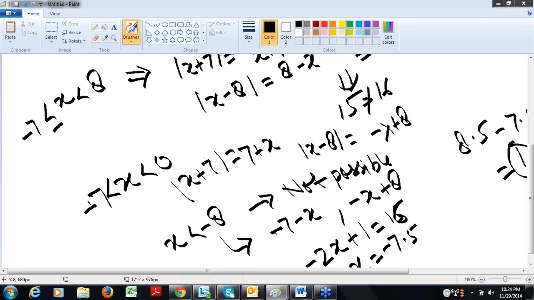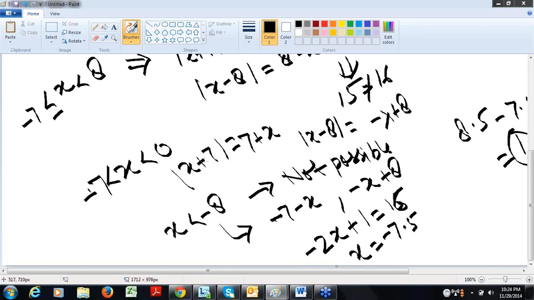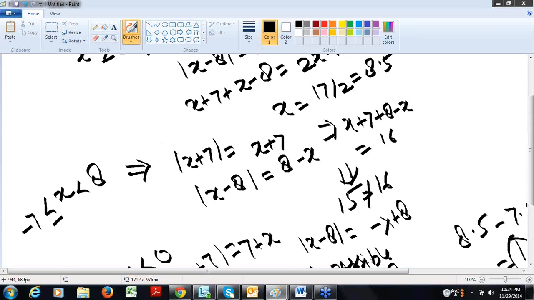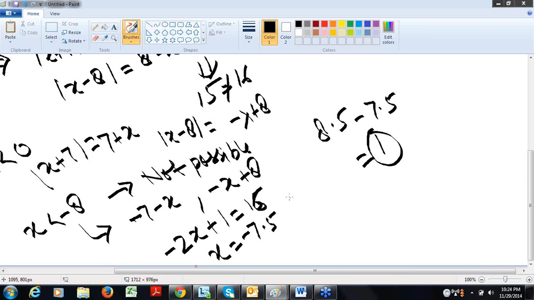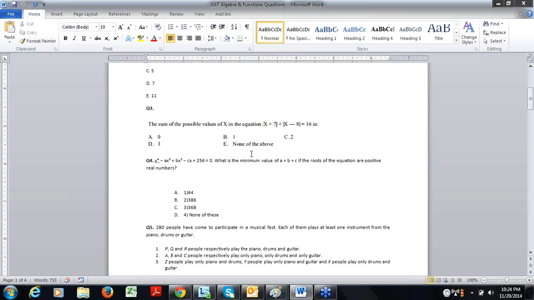X greater than 0 and less than 8, also not possible if you check it. And the only other possibility is x less than minus 8. In that case x comes out to be minus 7.5, and before we got 8.5, so the value will be 8.5 minus 7.5, that is 1. We have option B as 1. We'll go ahead and mark option B.